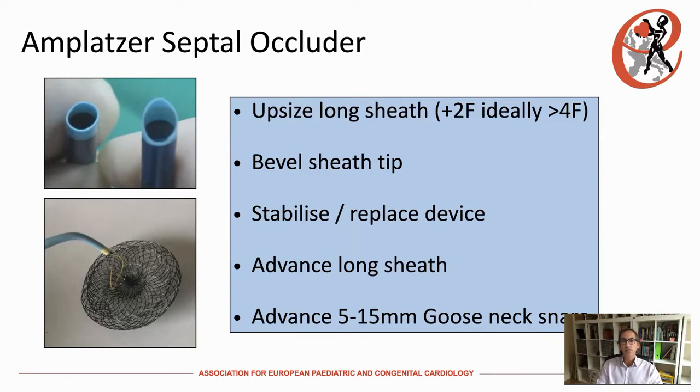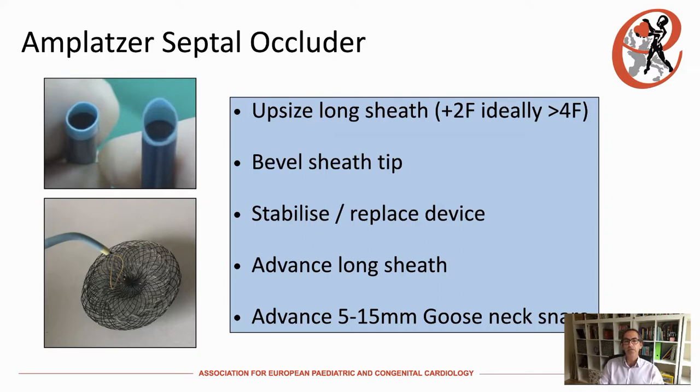If the device is mobile, it might be difficult to snare, or if the micro screw is not facing the right way, then in these cases, it can be stabilized with a wire, a catheter, or a forceps, and you can also use the forceps to grab the device and move it somewhere else, or to turn it so it can be easier to snare.